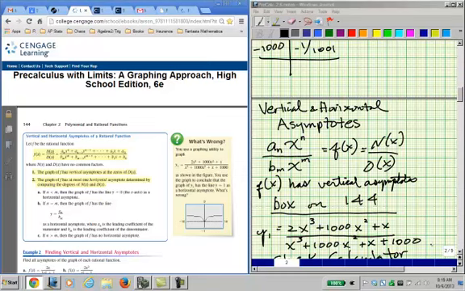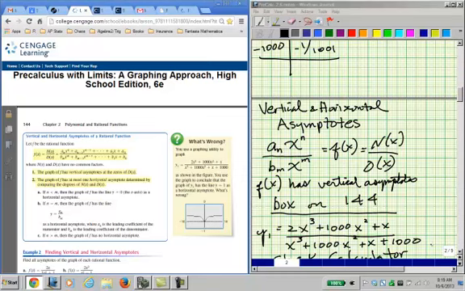If n, the exponent of the numerator, is less than m, the exponent of the denominator, then the graph of f has the line y equals 0 as a horizontal asymptote, always. So if you have x squared over x cubed, it doesn't matter what the coefficients are, x to the 50th over x to the 51st, you're always going to have a horizontal asymptote of y equals 0.